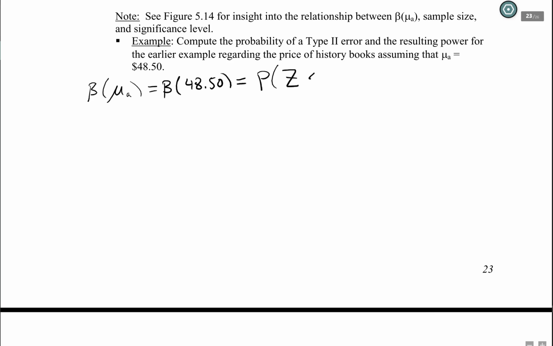That's the probability that z is less than or equal to the critical value, which was 2.33, recall that, minus the absolute value of mu naught, which is 43.5, minus mu A, 48.5. Take the absolute difference there, divide it by sigma over the square root of n. That's what sigma y bar is.